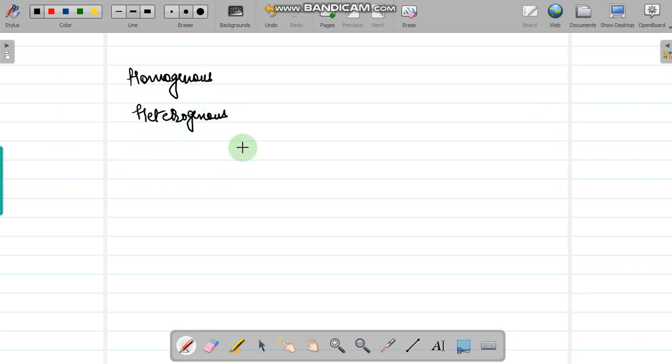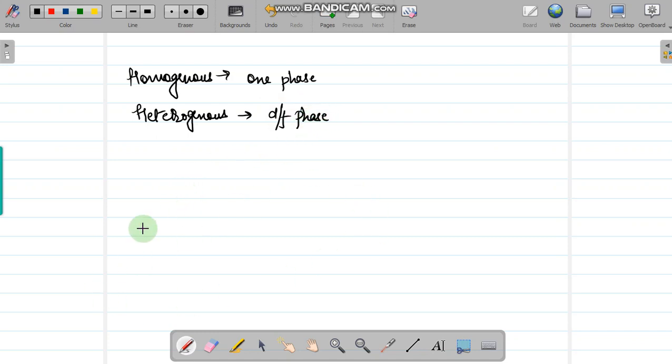A homogeneous system is a system which remains in a single phase. There is the presence of only one phase. Whereas heterogeneous is a system where we can see different phases.